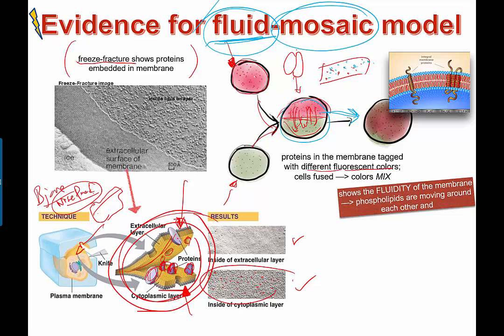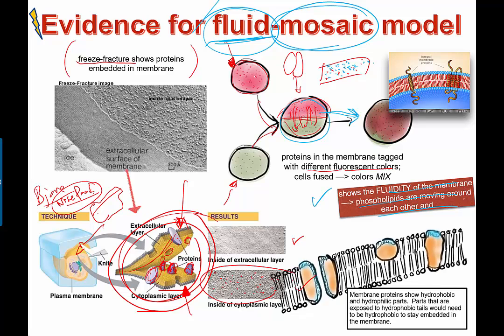The word mosaic comes from looking at patterns of proteins kind of spread out like a mosaic painting or piece of artwork, and it's all spread out, mosaic tile pattern like, I guess. So this shows the fluidity of the membrane. Phospholipids are moving around each other, and in the act of doing so, the proteins are being pushed around as well too.